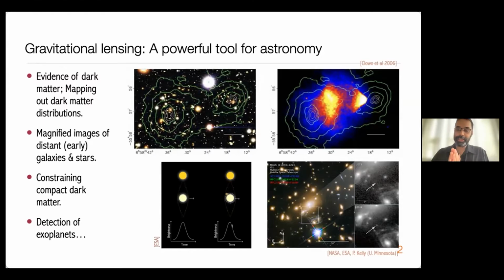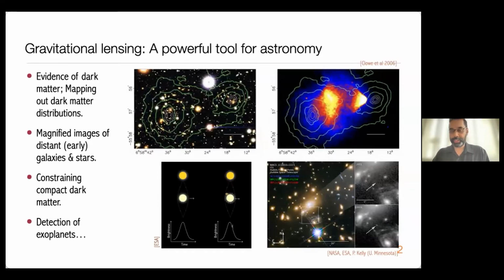The idea here is that if the dark matter is comprised of a large number of compact objects, a small number of them would statistically come in between us and the starlight from our own galaxy or stars from neighboring galaxies. And this could cause a microlensing effect in the light coming from these stars.